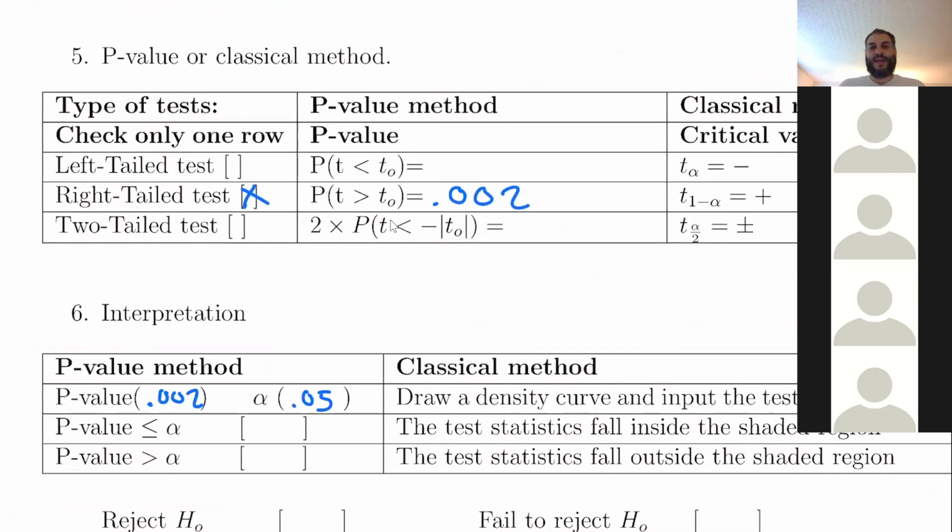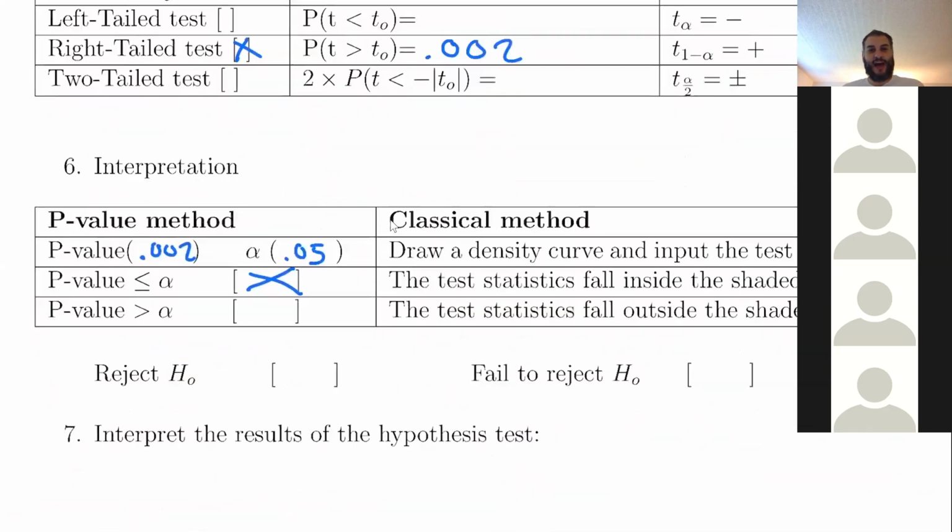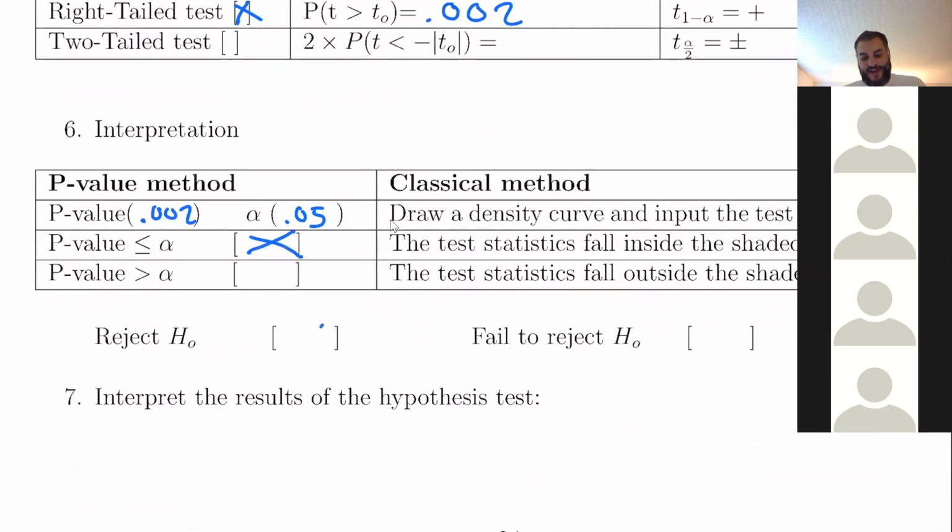Alpha is 0.05 and the p-value is 0.002. So that means alpha is bigger than the p-value. So we select this first one over here. Since the p-value is less than or equal to alpha, we should reject the null hypothesis. Any question on why we reject H0?